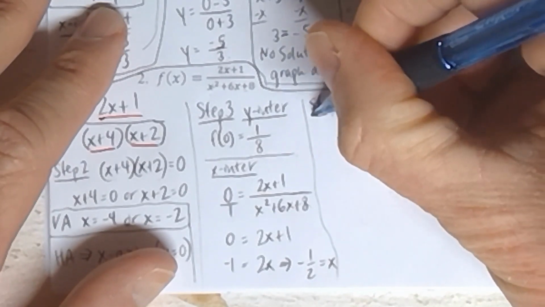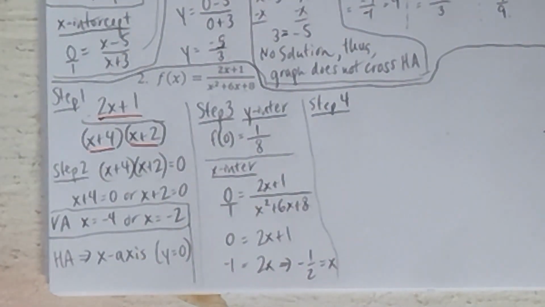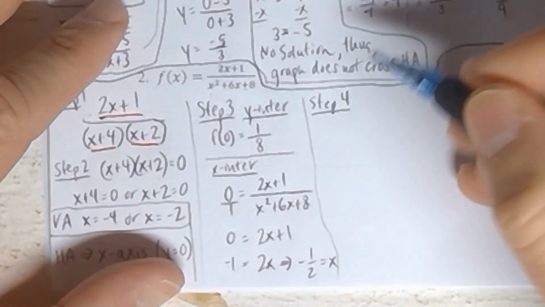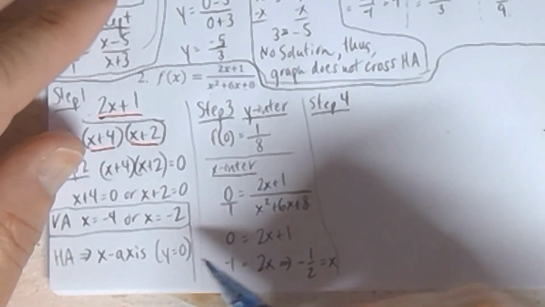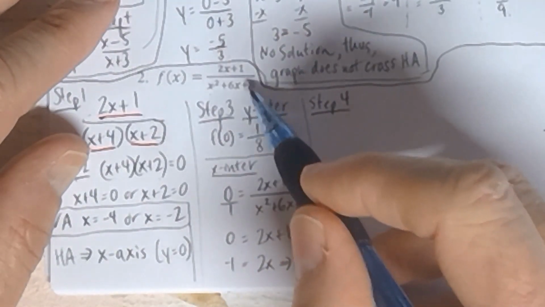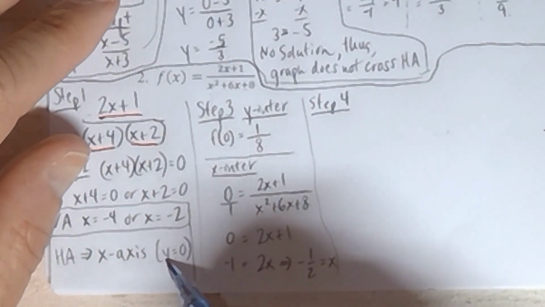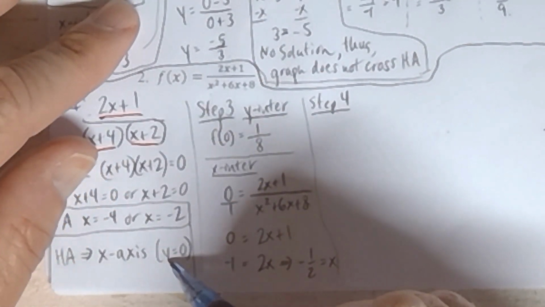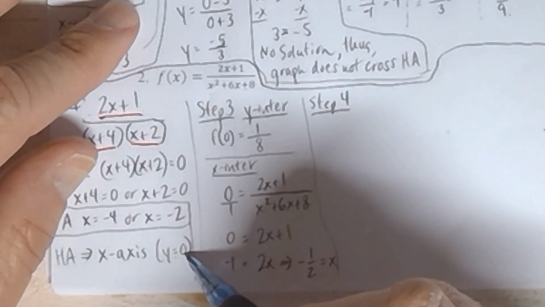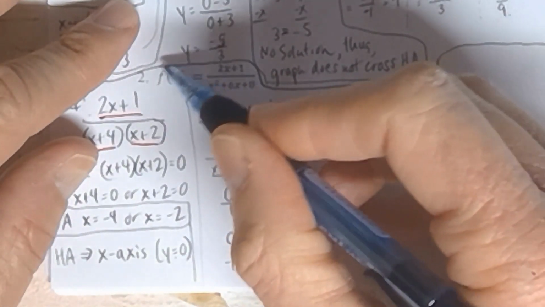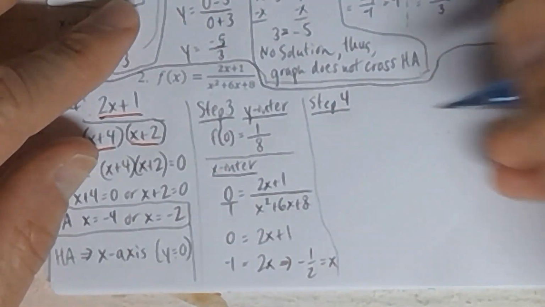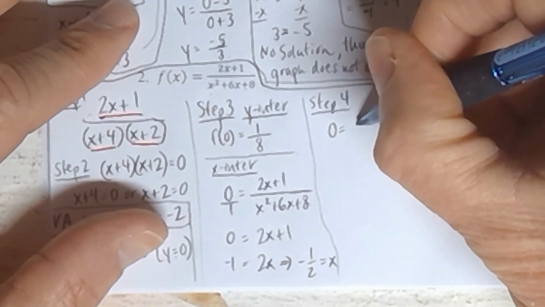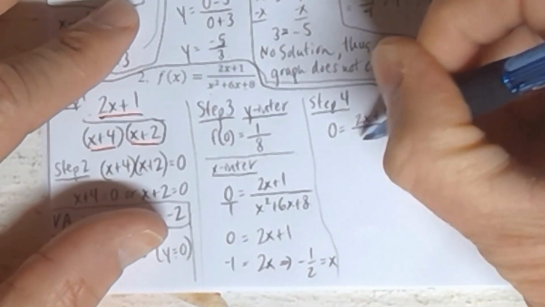Step 4. When does the graph cross the horizontal asymptote? In other words, you set the fraction equal to the horizontal asymptote. Since y is equal to 0 in the horizontal asymptote, that's why I was making a big deal out of y equal to 0 earlier, you replace the f of x with 0. And what you'll notice here is that we just solved this equation just a moment ago, didn't we?